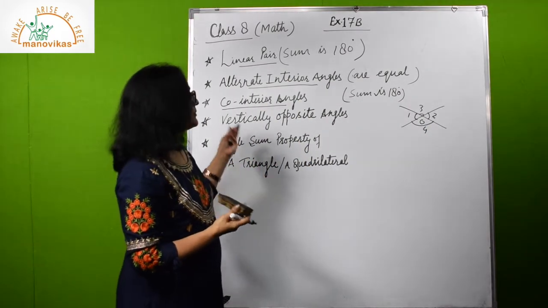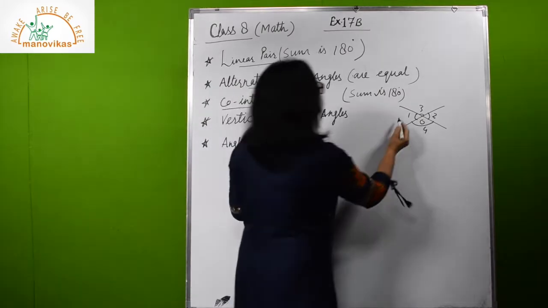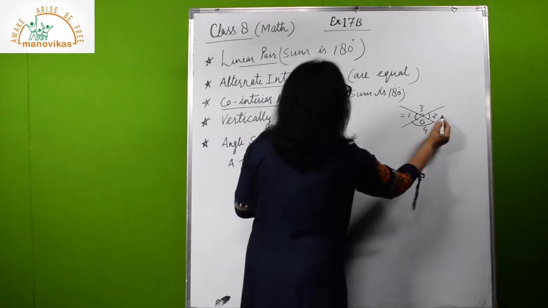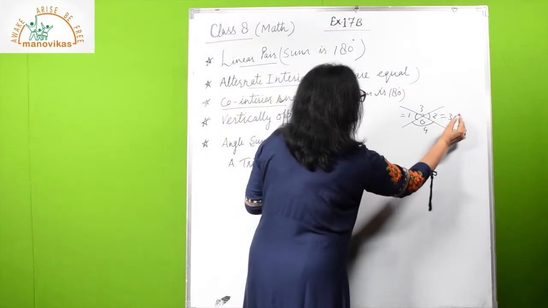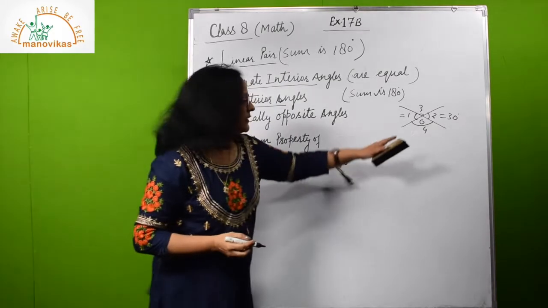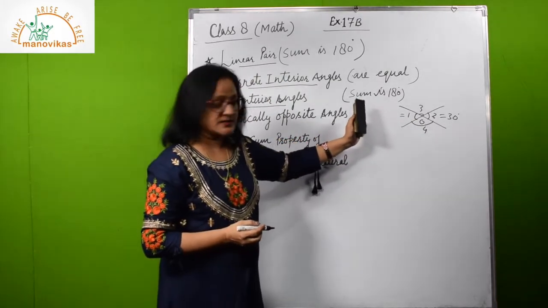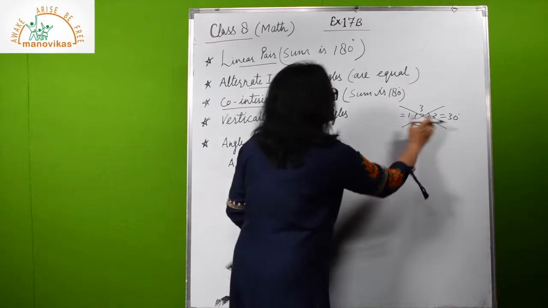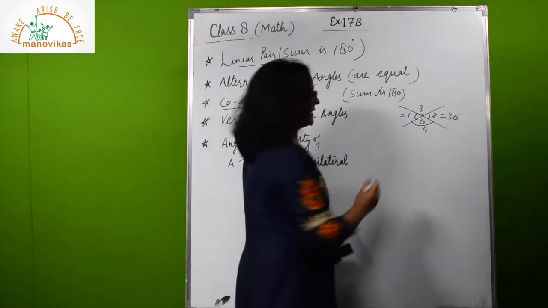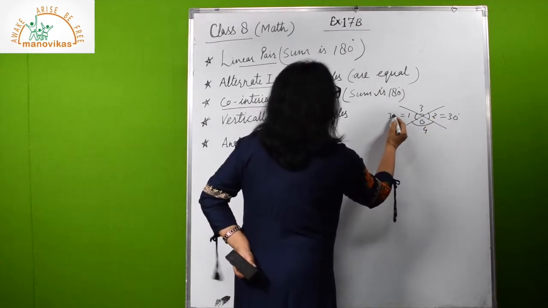So in a parallelogram, if you see any angle given, say angle 2 is equal to 30 degree, and angle 1 is required to find the other angles, then you can find it by using the vertically opposite angle property. So angle 1 is equal to 30 degree.